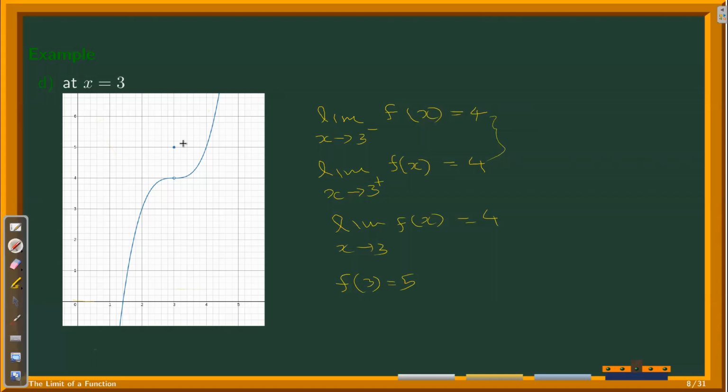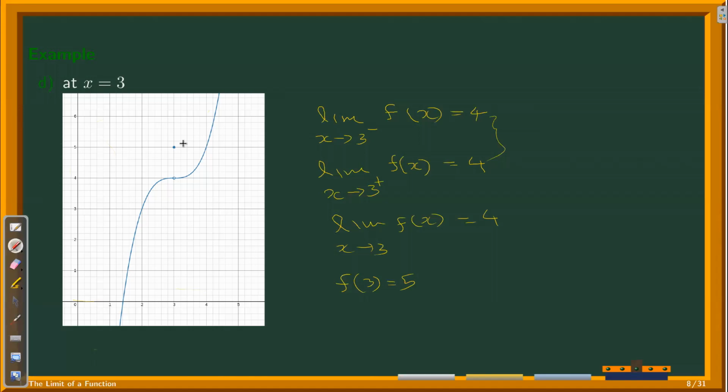So there are two things I expected you to observe from this exercise. One, being able to compute the limit by looking at a graph, and the other, to realize that there is no direct connection in general between the function value at a point and the limit.